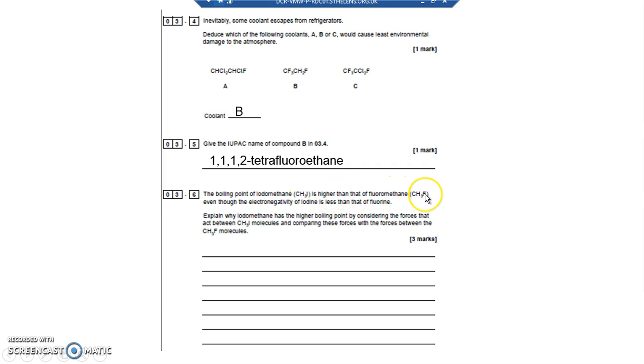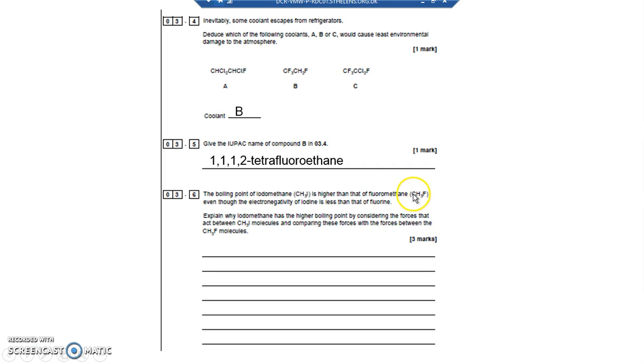On the other hand, the electronegativity of iodine is less than fluorine, so the CF bond here is going to be more polar. This is going to have a delta plus on the carbon and a delta minus on the F, because the F is more electronegative.